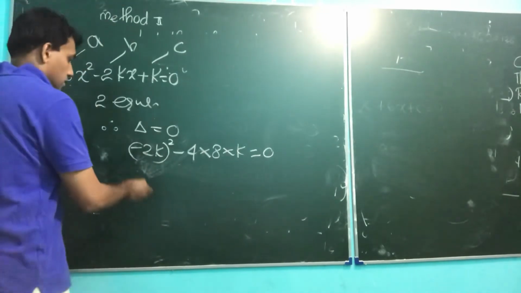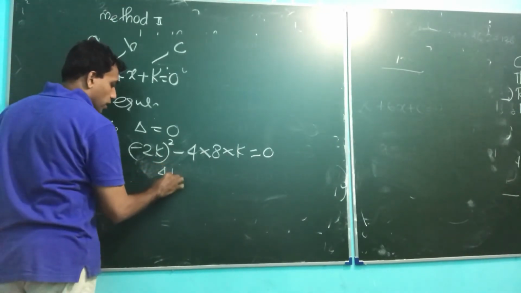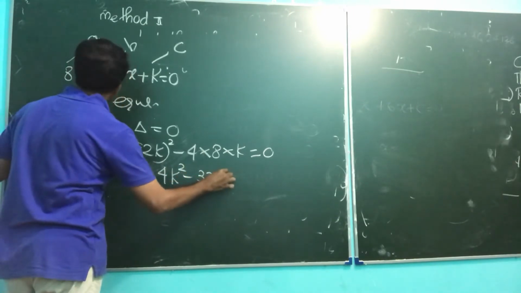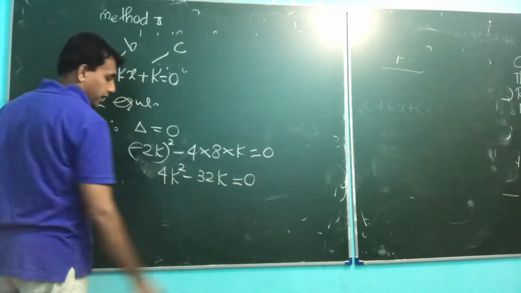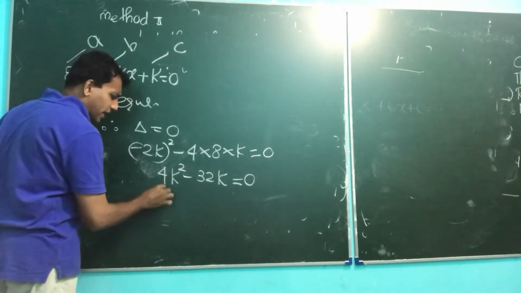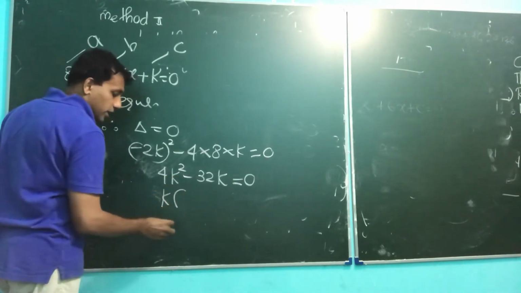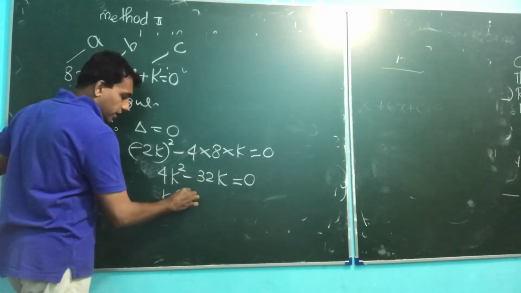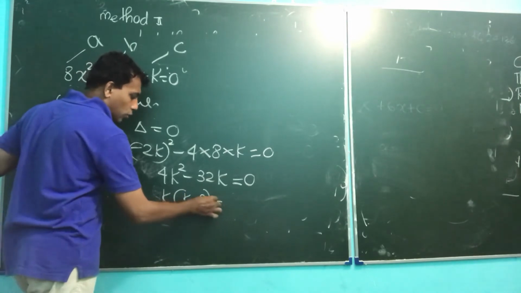Okay, what is that? 4k square minus 32k equal to 0, right? Now take the 4k out, or divide by 4, and take k out. It's not O-level mathematics, it's advanced maths. So what is that? K into K minus 8 equals 0.